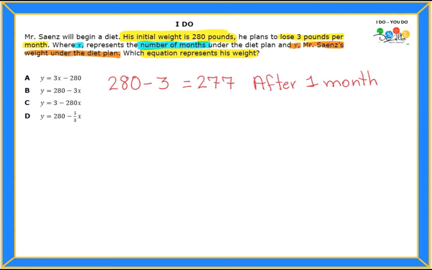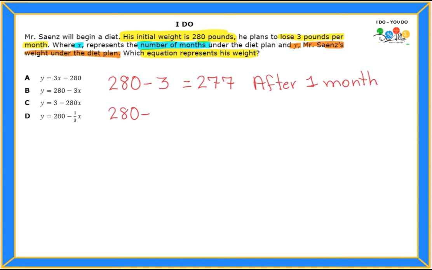Okay? So 2 months goes by and he's doing his diet and everything. And he actually lost the other 3 pounds. Okay? So how many pounds would he have lost by now then? 3 plus 3 makes 6, or 3 times 2, right? Okay, so in the second month, I'm going to go back and write it down as 280 minus something.